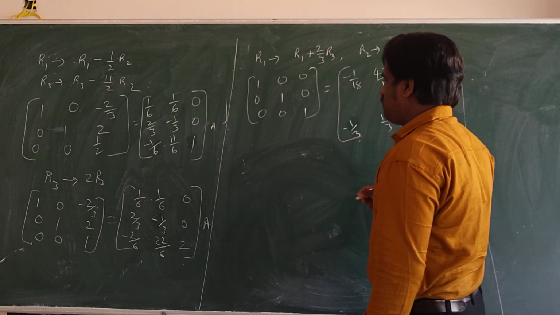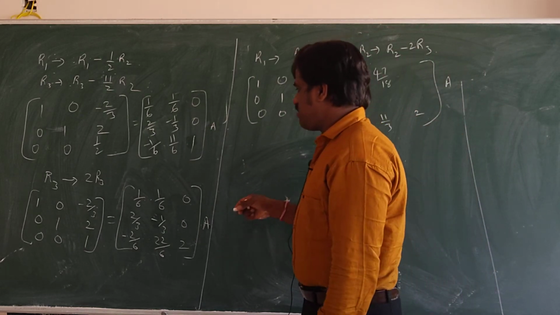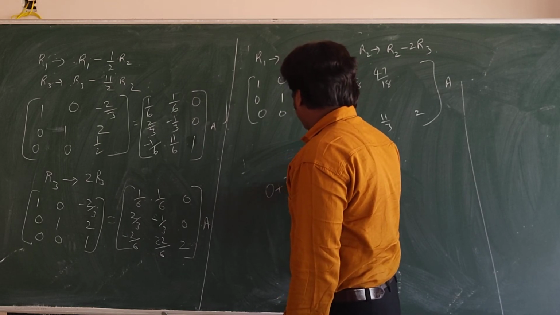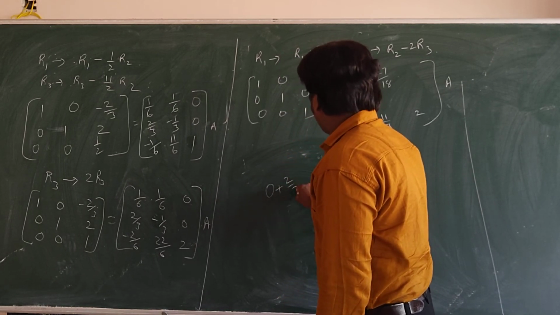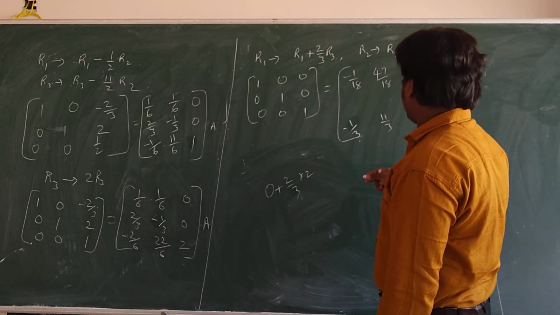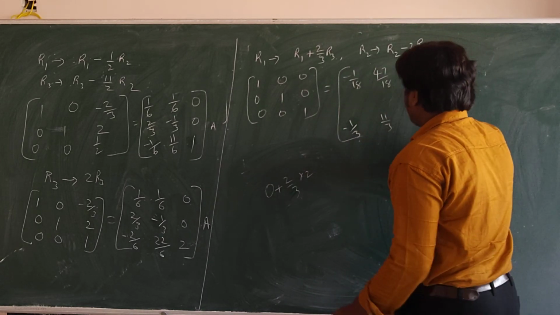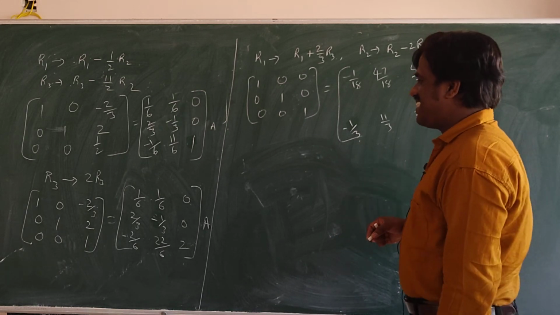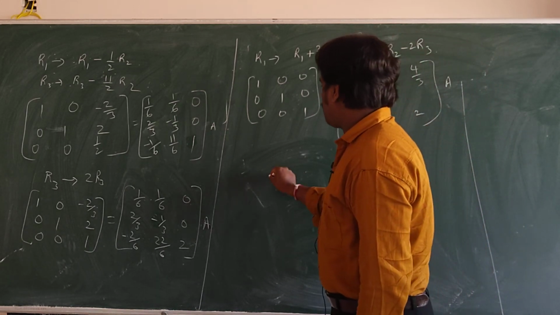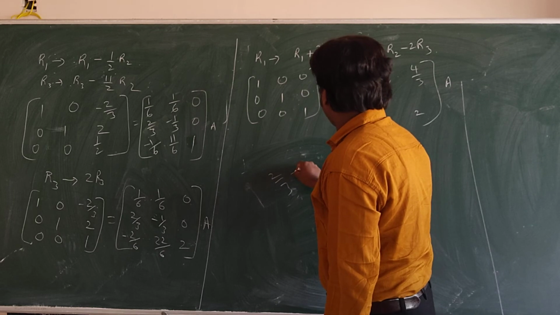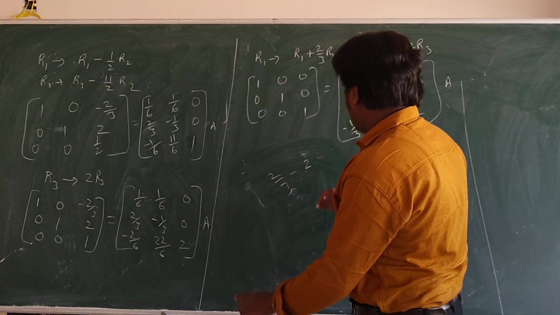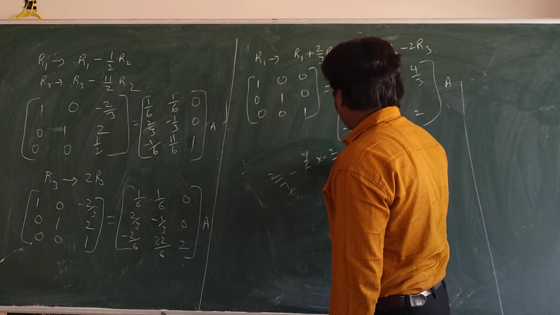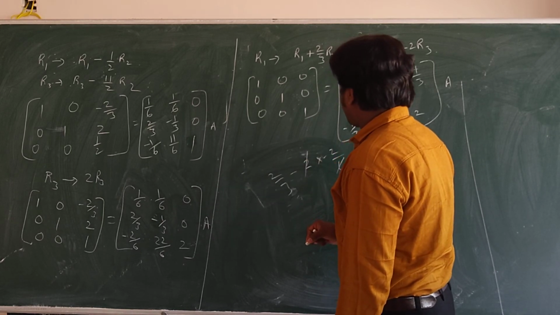Okay, next one. R1. 0 plus 2 by 3 into 2, right? 4 by 3. This is very simple. Next one. 2 by 3 minus 2 into minus 2 by 6. As 2 ones, 2 threes are cancelled, right?